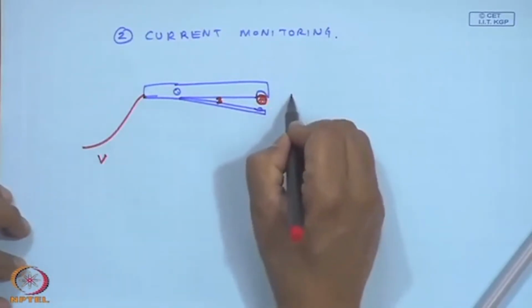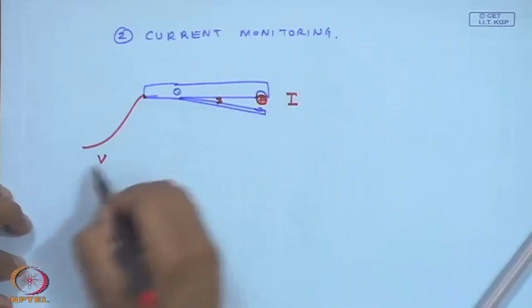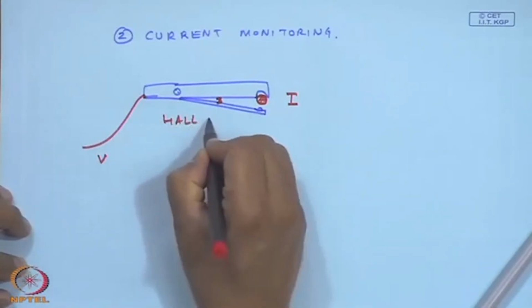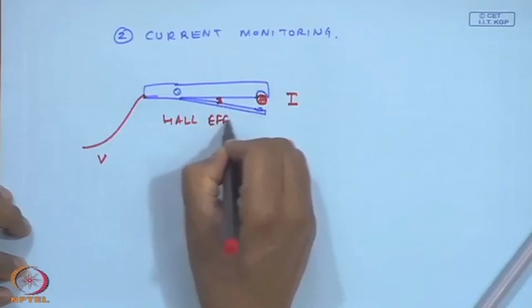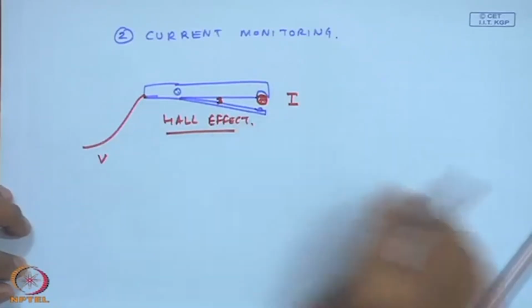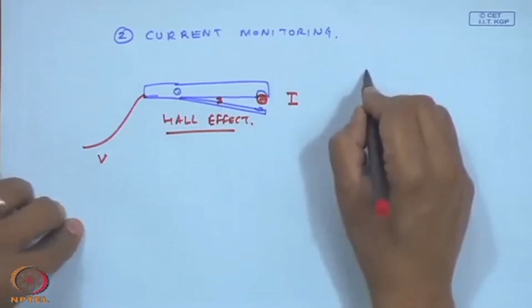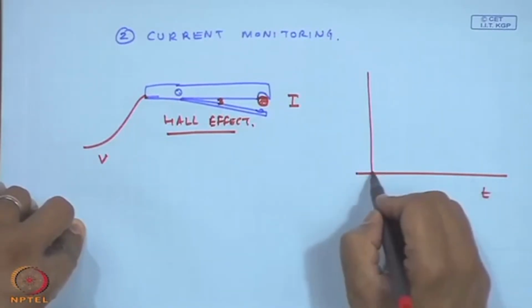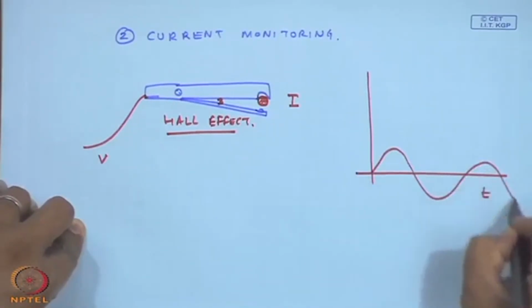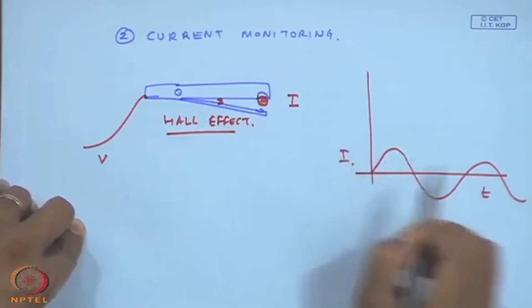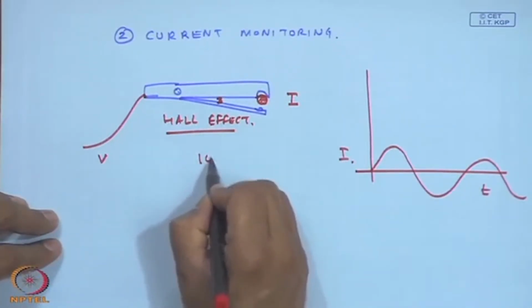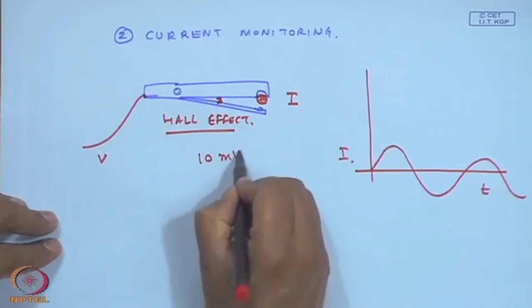If I am measuring a current I will get a voltage here because of the Hall effect, a voltage which is proportional to the current, and with time I can be measuring the current. Usually Hall effect sensors have a sensitivity of maybe 10 millivolt per ampere.